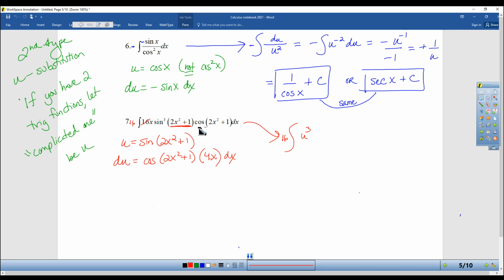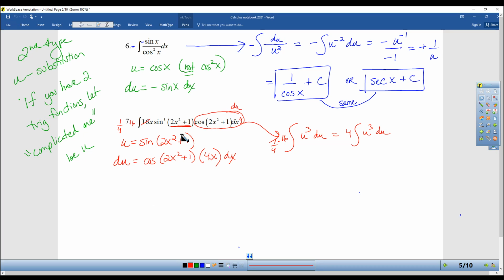And then for du, I have cosine of 2x squared plus 1, but I need 4x. I just have x. So I'm going to add a 4 to my problem and a 1/4. There is another way to do it, which incorporates the 16 if you like that. So I'm going to add my 1/4 to the outside, and then all of this can be du. So this becomes 4 times the integral of u to the third du.